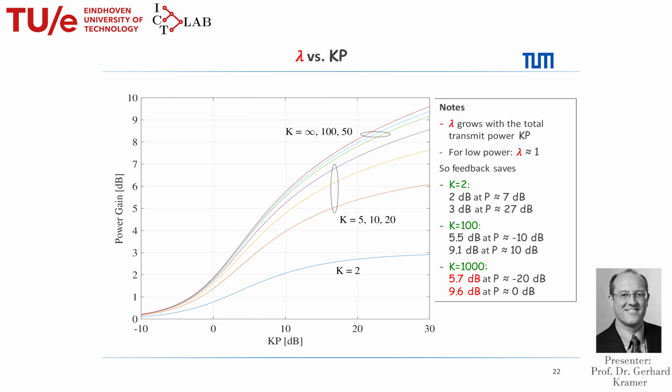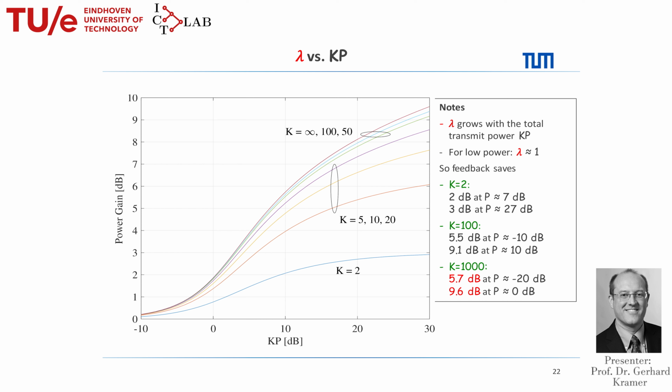So for example, if we have, let's say a massive system, 100 users, the idea here is like an Internet of Things kind of setup which would also permit feedback. Let's say the total transmit power is 20 dB for these 100 users, which would mean that every user has a transmit power of 0 dB, right, times 100.